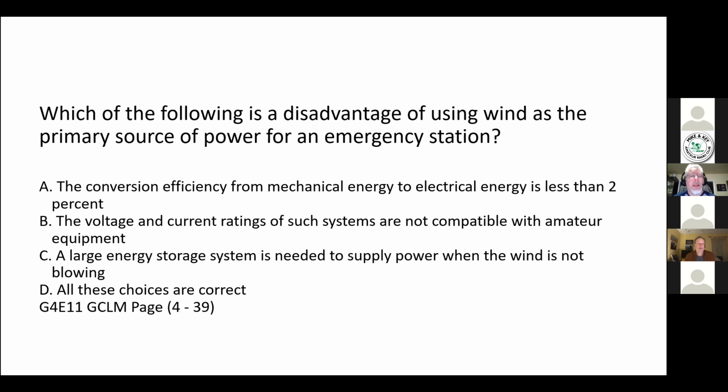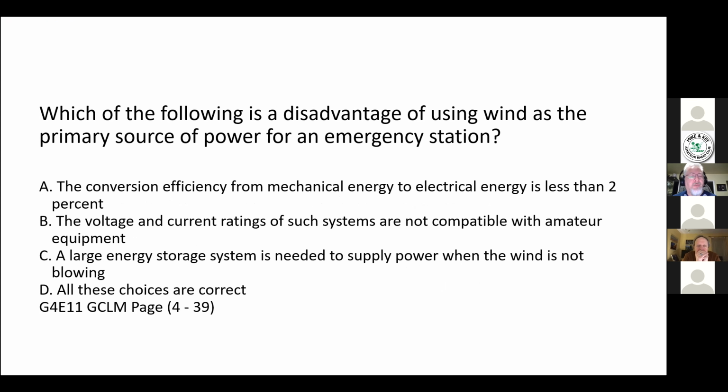Which of the following is a disadvantage of using wind as the primary source of power for an emergency station? A, the conversion efficiency from mechanical energy to electrical energy is less than 2%.